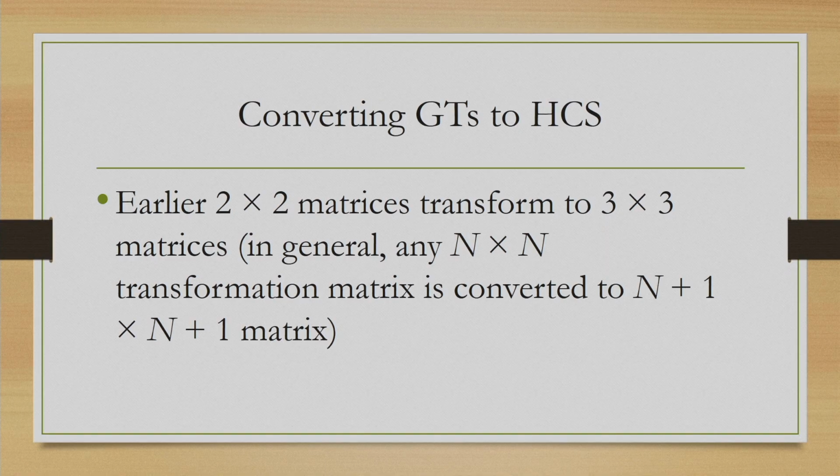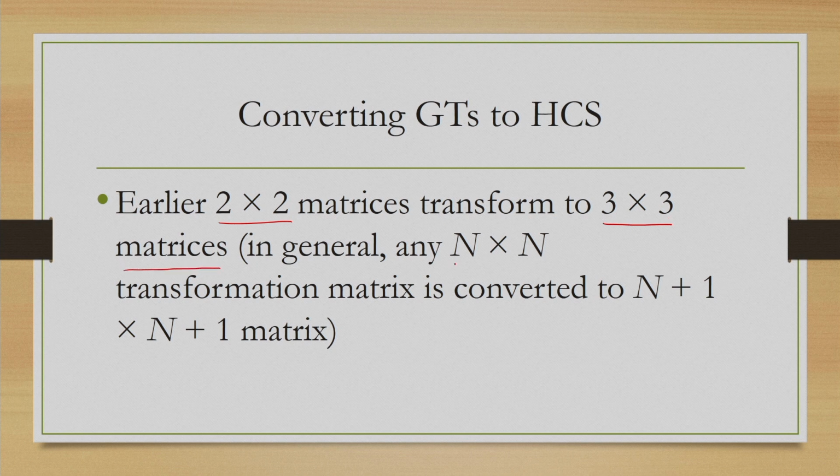Now, let us try to understand how we can convert these geometric transformation matrices into matrices in the homogeneous coordinate system. Earlier we had these 2 by 2 matrices representing 3 basic transformations out of 4: rotation, scaling and shearing. As we have already mentioned, these 2 by 2 matrices will transform to 3 by 3 matrices in the homogeneous coordinate system.